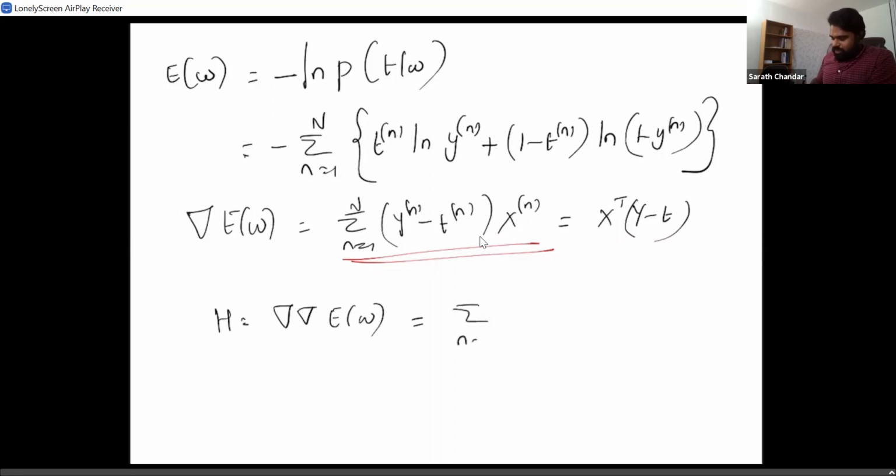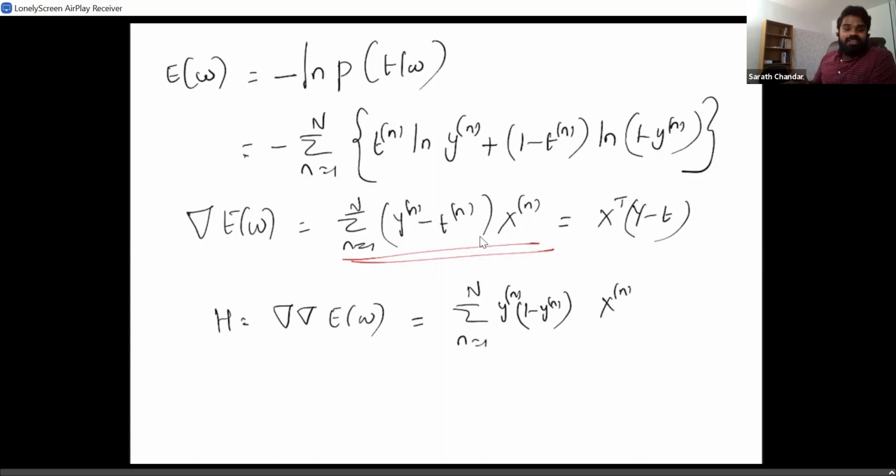Summation over n equal to 1 to capital N. When you differentiate, the t_n term vanishes, so it's just y_n times x_n. Now you differentiate y_n, which is a sigmoid, so it becomes y into 1 minus y, so y_n times 1 minus y_n. Now you differentiate y.